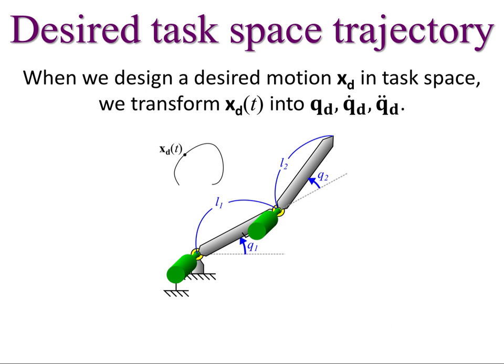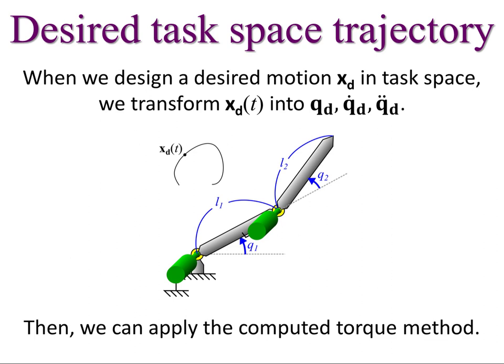Therefore, here I would like to introduce a method of converting the desired hand position trajectory xd to the desired joint angle, angular velocity, and angular acceleration. If qd, qd1 and qd2 can be converted from xd, we can use the computed torque method even when we design the desired trajectory of the hand position.